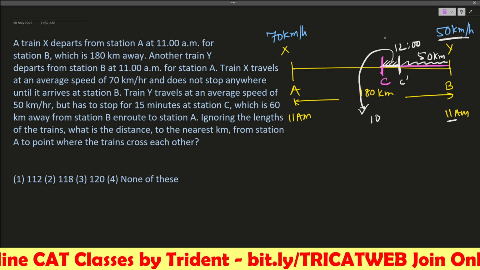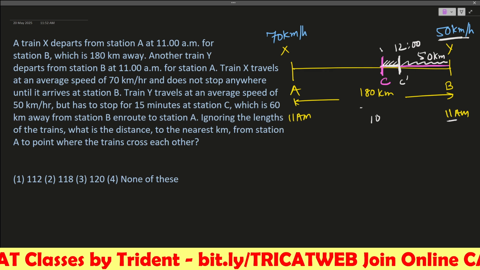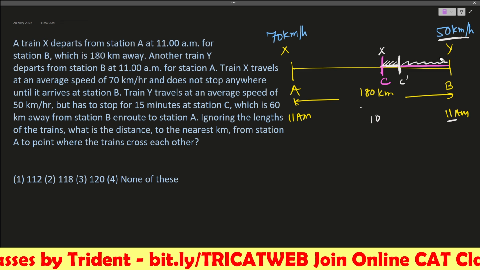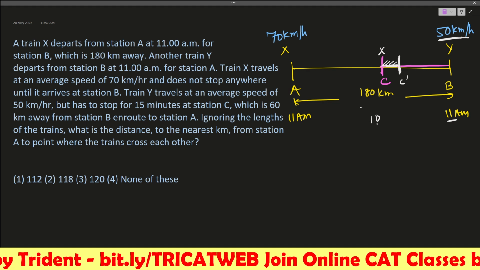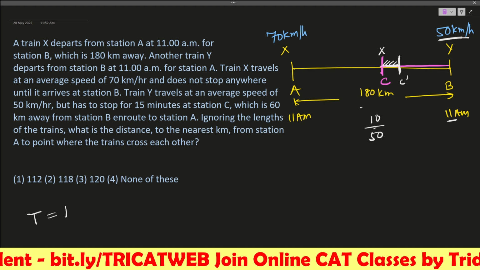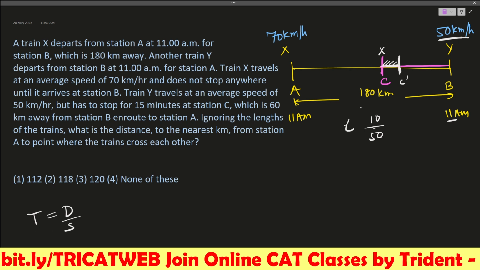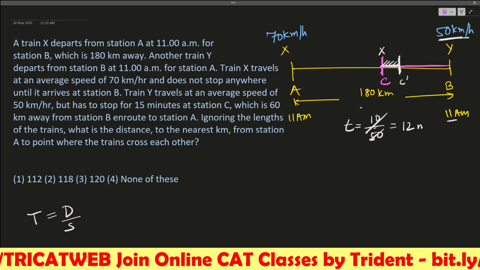Now I need to understand at what time I will reach location C. So how do we calculate that? The distance that I need to cover is 10 kilometers upon the speed. I have told you in the classes that time is equal to distance by speed. So the time taken to cross this would be 1/5 of an hour, that is 12 minutes.